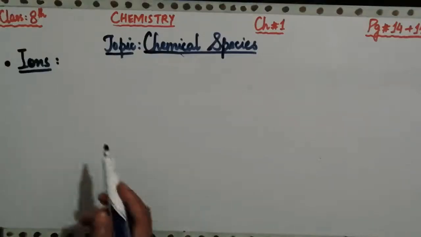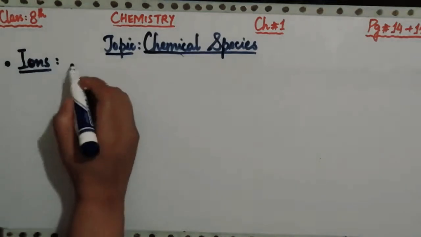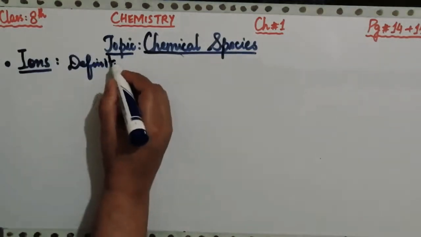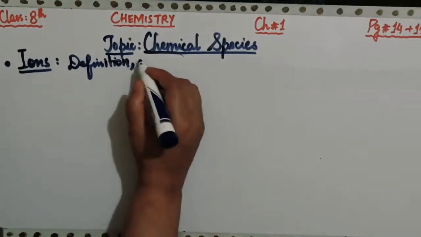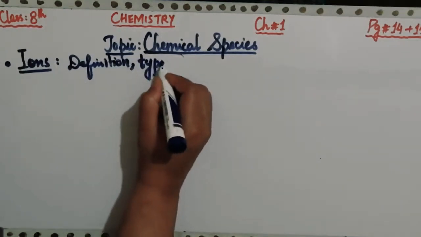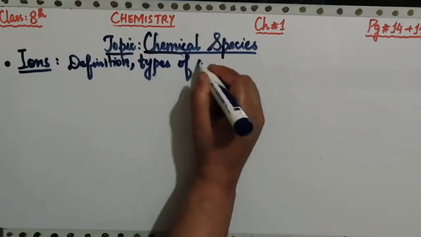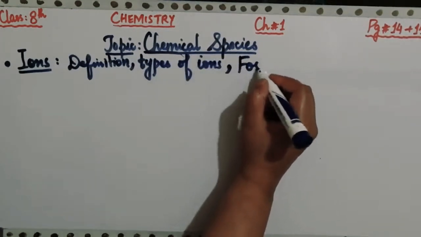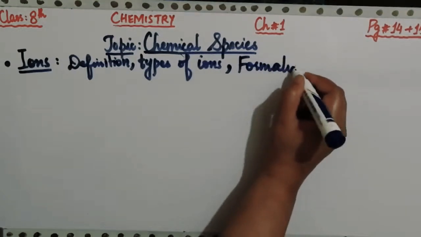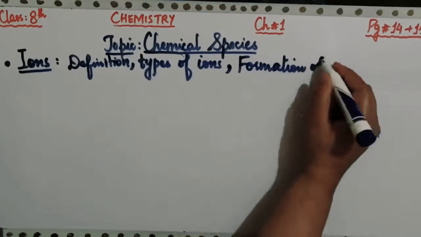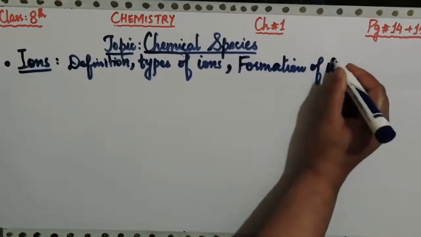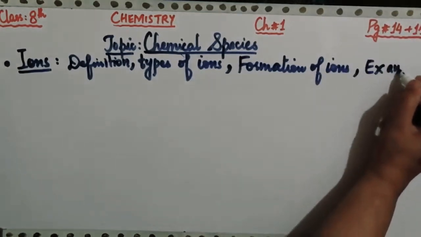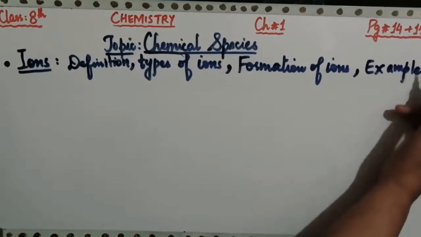After the main heading of ions you are going to give the definition, types of ions, formation of ions, and the last heading will be related examples.